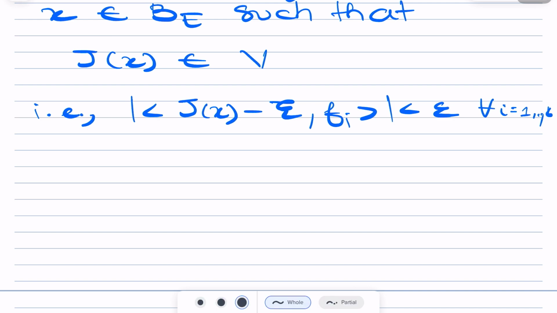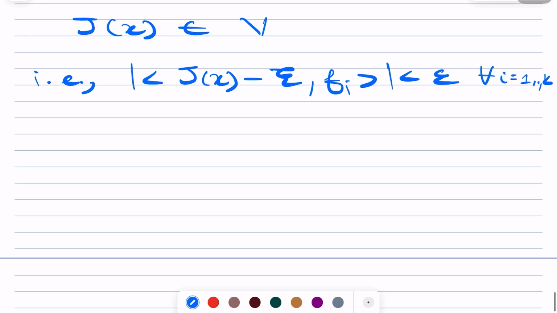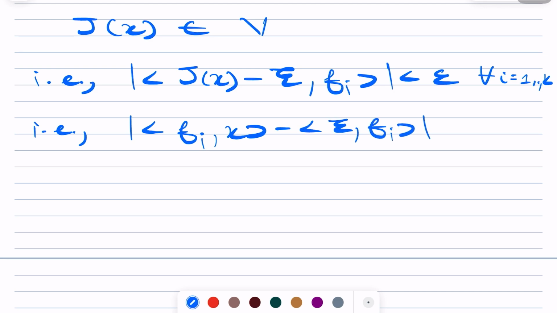And this means, by definition of the canonical embedding, that the absolute value of the dual pairing of f_i with x minus xi of f_i should be less than epsilon, for every i from 1 up to k.